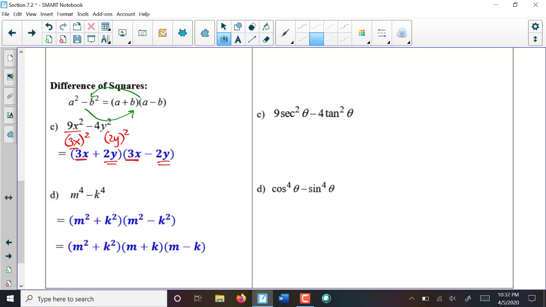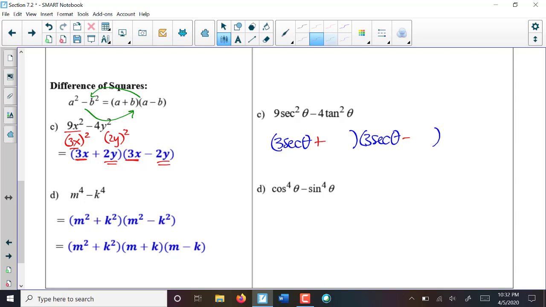So same idea over here in terms of trig. I know that 9 is a perfect square and secant squared is a perfect square. So the first terms of my binomials will be 3 secant theta. Okay, and a difference of two perfect squares factors into binomials with different signs. They're called conjugates. Doesn't matter where you put the plus or the minus.